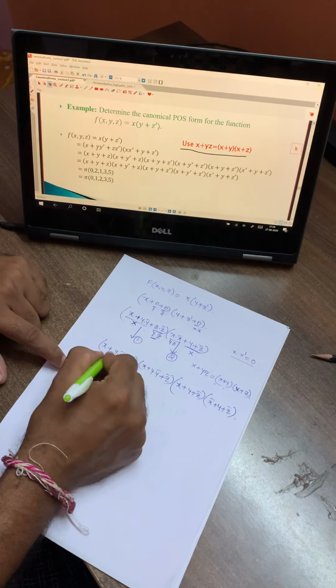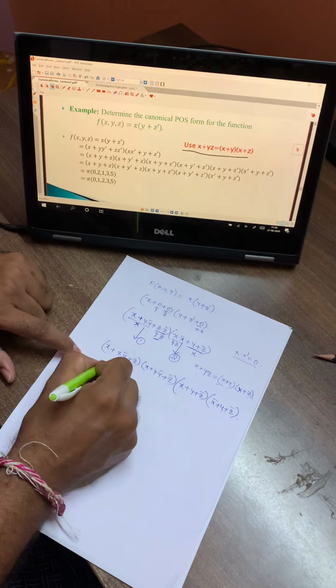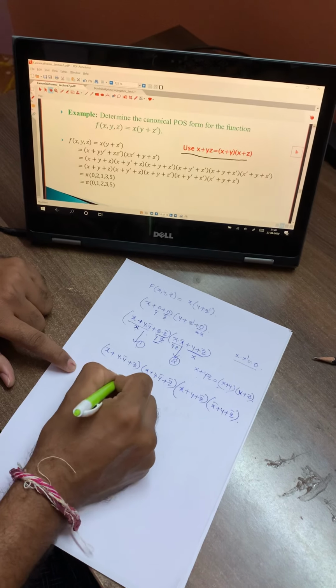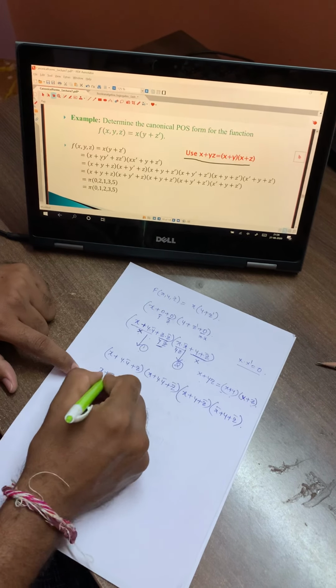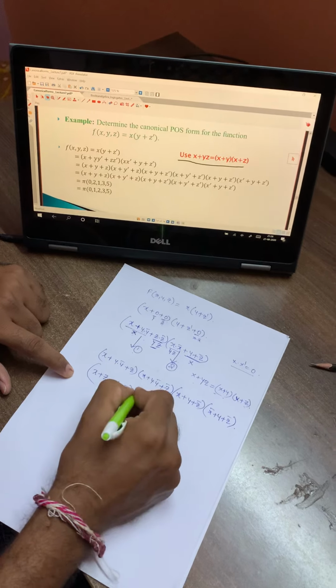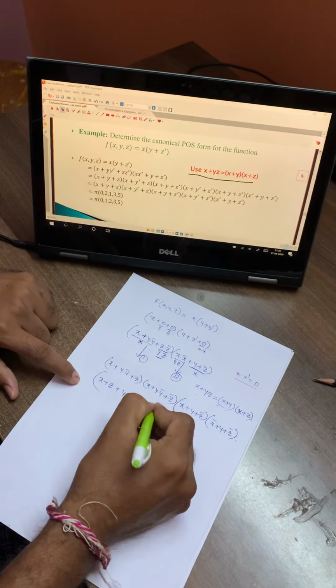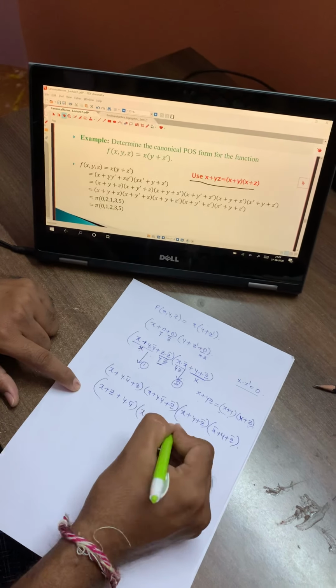Again you can rewrite this expression as x plus z plus y dot y bar into x plus z bar plus y dot y bar.